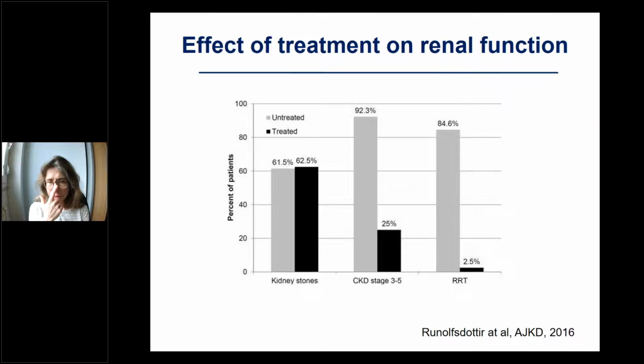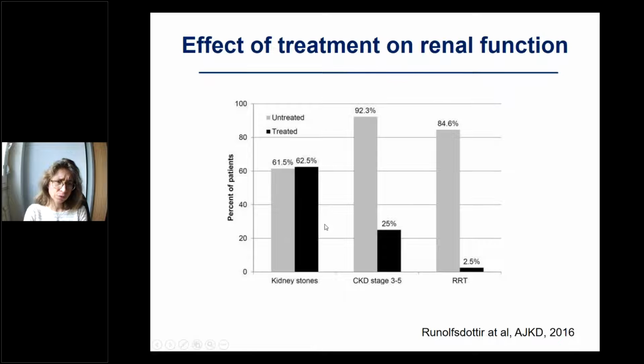What about the effect of the treatment on renal function? If you look at this study published by the Iceland team, you can see the comparison between untreated in gray and treated patients.